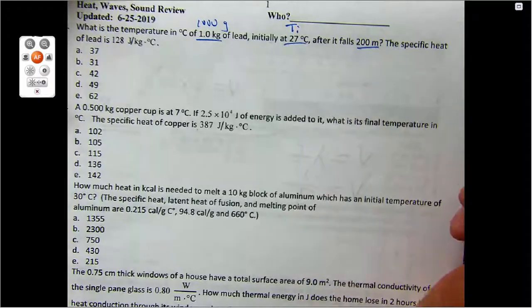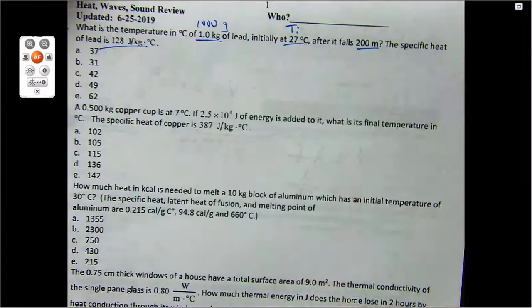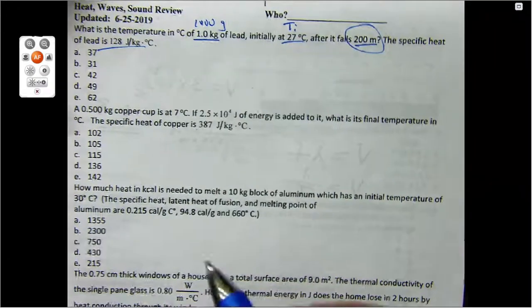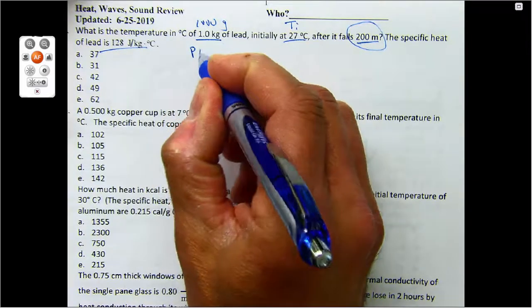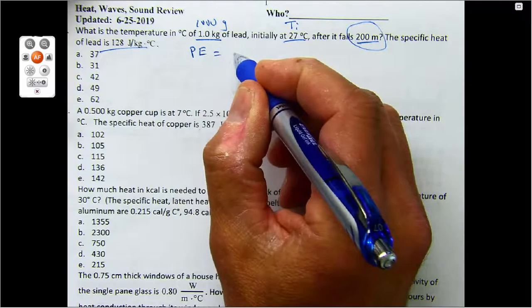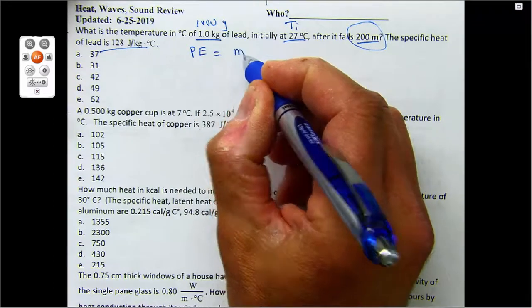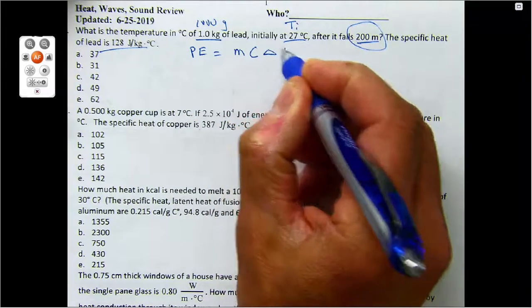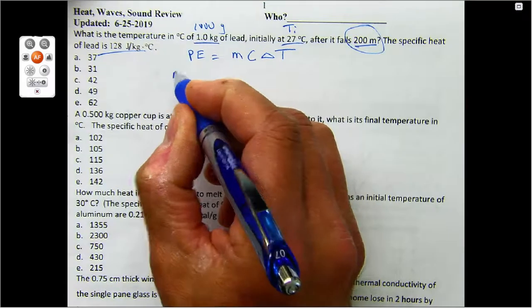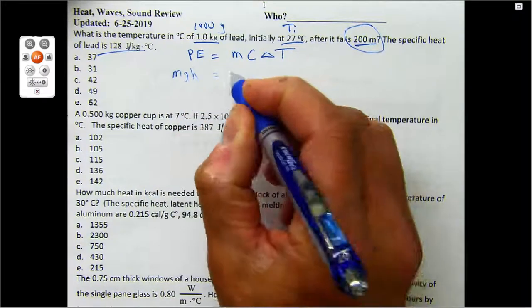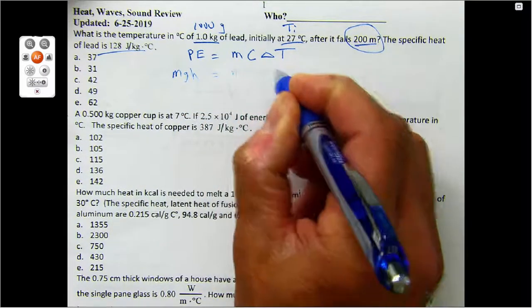After it falls 200 meters. So given this, after it falls, the potential energy is going to go into heat energy, which would be mc delta T. So this is going to be mgh equals mc delta T.